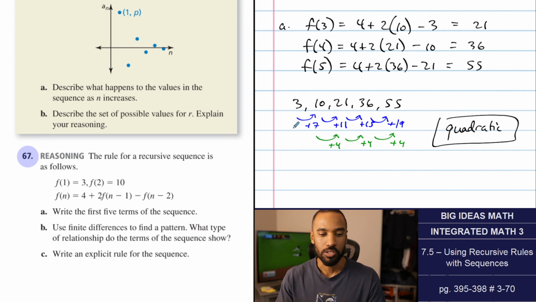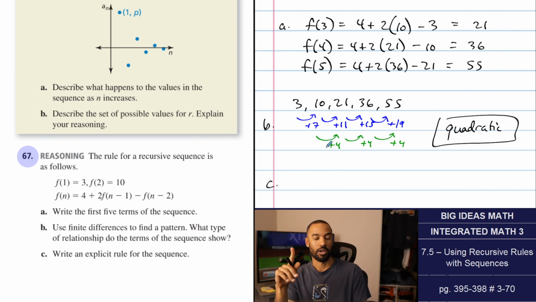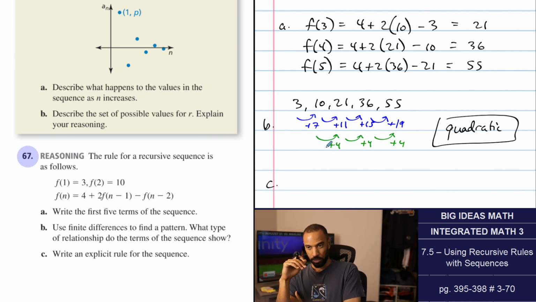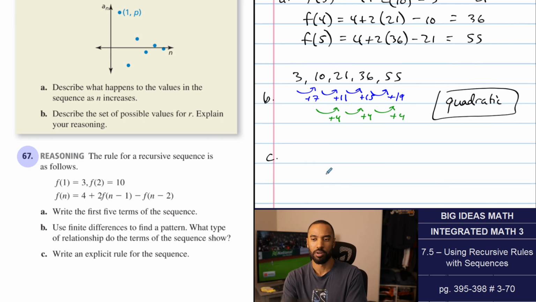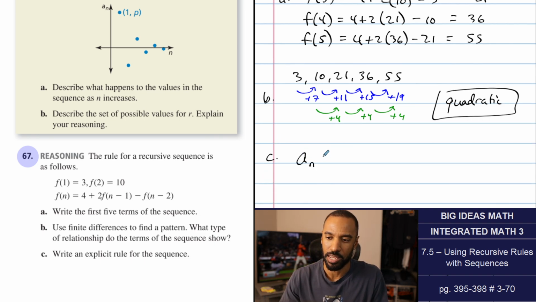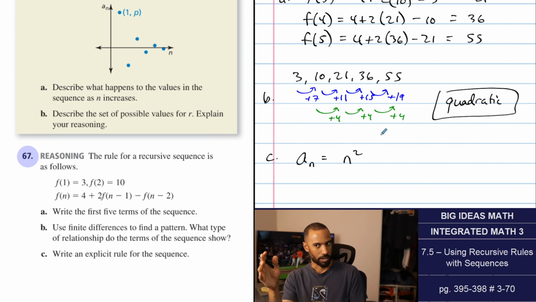Okay, now, this is part B. Use finite differences to find a pattern, etc. Write an explicit rule for the sequence. That's a different story. You have to come up with, well, it's a quadratic, some sort of a sub n equals. Now, if I did n squared, that would be wrong, because that's not it.